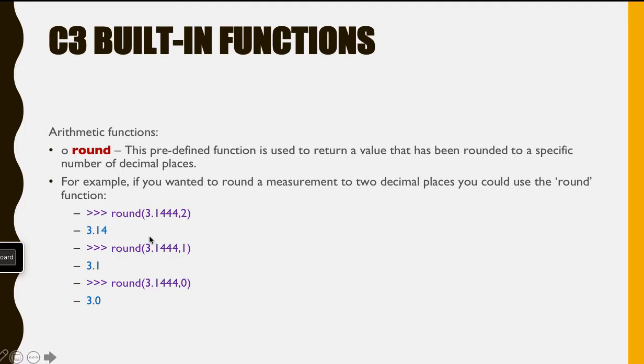So in the example of 3.144, when we're rounding it to 1 decimal place, because we've gone to here, we've looked at the number 4, which is less than 5, and so it would reckon, well, I don't need to go up to 3.2, so I've just given you 3.1. Okay, hopefully that makes sense.